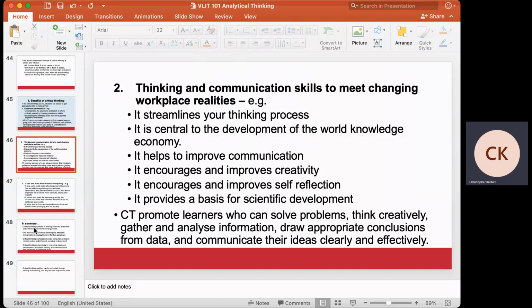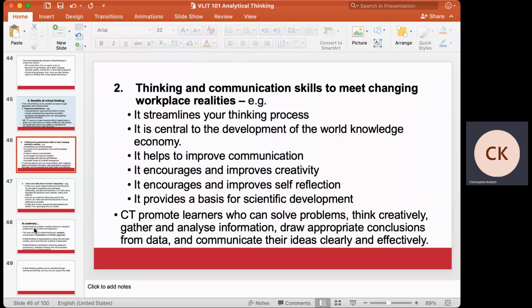Knowledge is the word. Knowledge is the winning economy today. So please, if you are educating, it's not about the facts you are coming out with. It is the knowledge you possess. It helps to improve communication. It encourages and improves creativity.